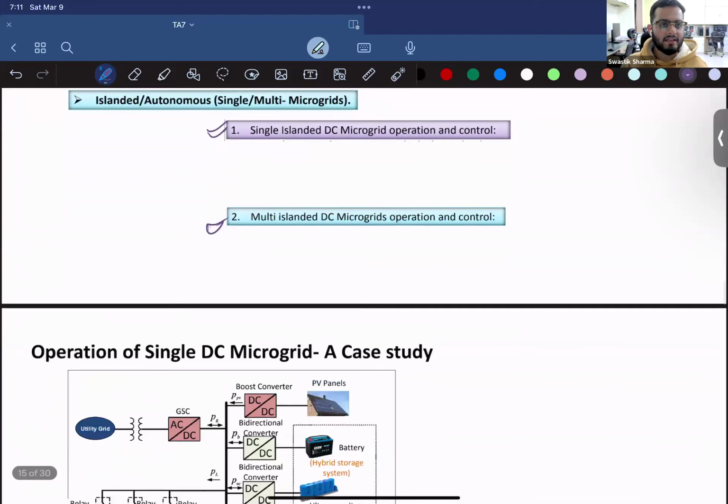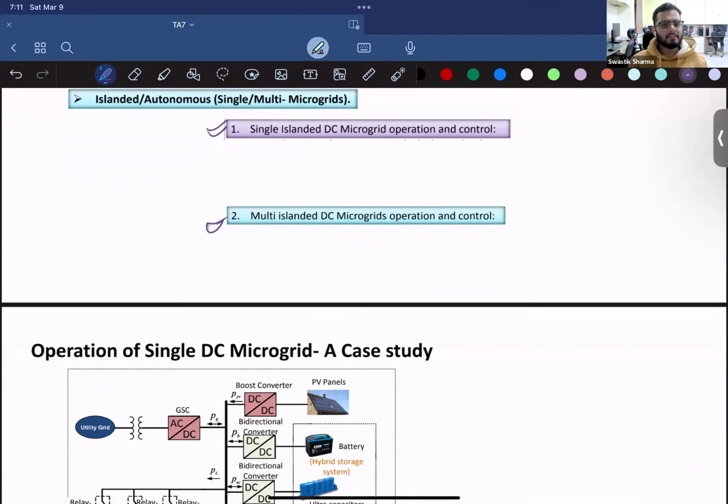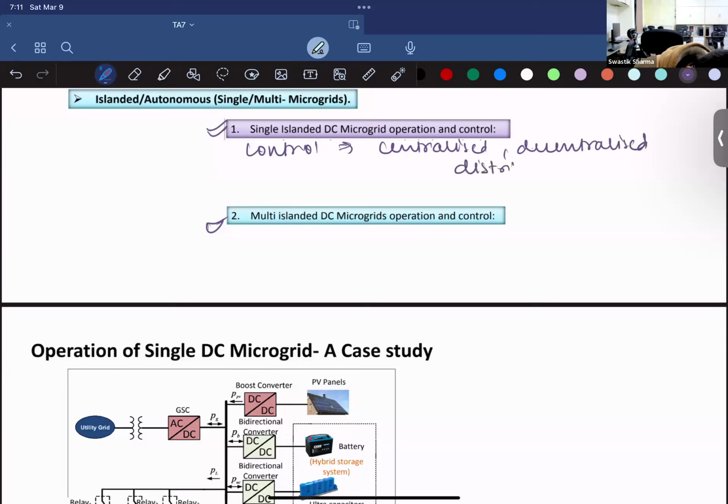In single islanded mode of operation, the control, as we discussed, could be centralized, decentralized, or distributed, right?